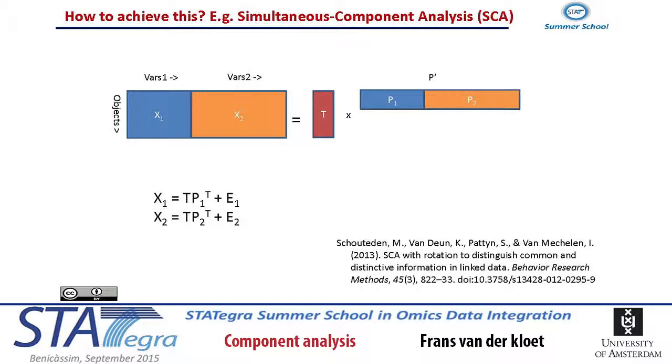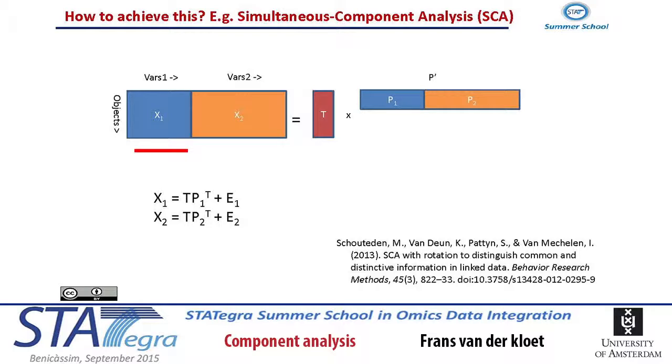And how to achieve this, this is where for example I'm going to pull in DISCO-SCA, actually, and first of all, this is the SCA part of it, where I'm trying to get common scores in this case. And actually what I do is I concatenate the two blocks. So the mode in this case of objects is the same. So I've got the same amount of objects, and I just put them alongside each other.